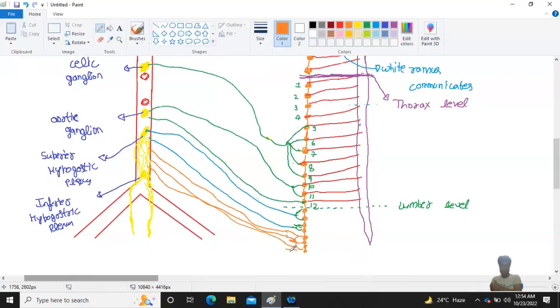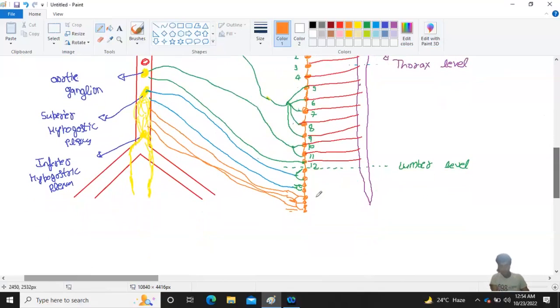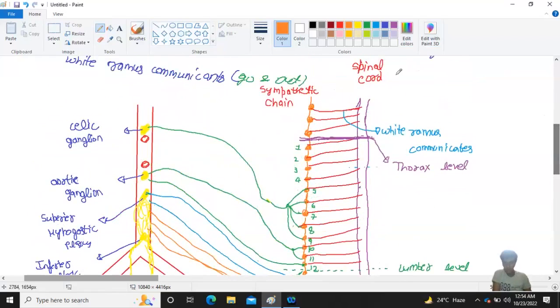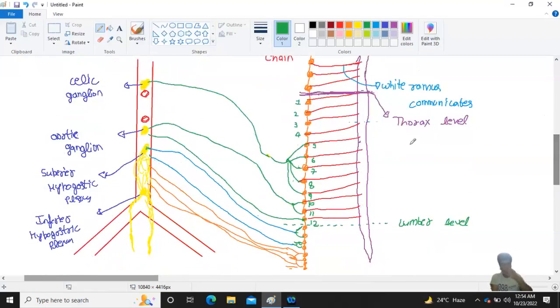But then another nerve comes. The first naming is important. Wait. Let's do the naming. These 3: 1, 2, and 3.